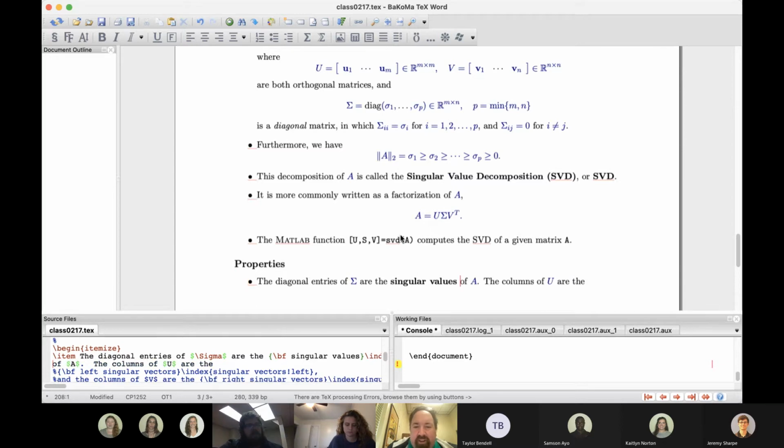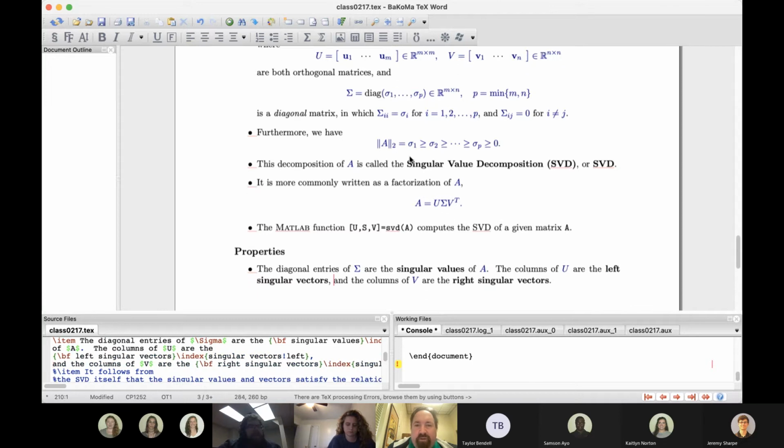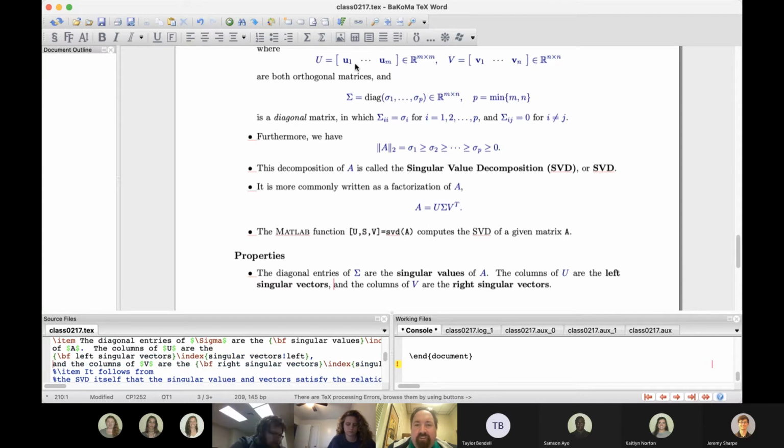Okay, so these diagonal entries of sigma, those are called the singular values. The columns of U, U1 up to UM, those are the left singular vectors, because U goes on the left.